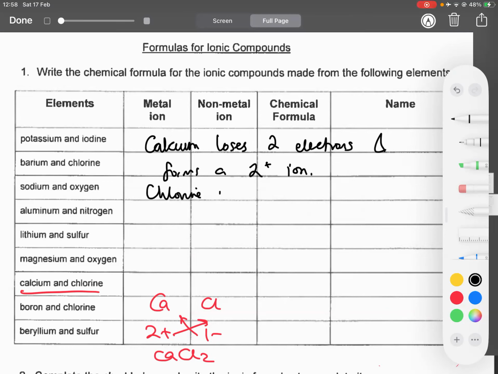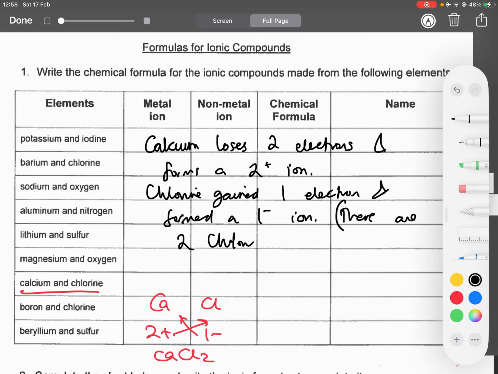Chlorine gained 1 electron and formed a 1 minus ion. There are 2 chlorines as well, by the way. Yeah. And then if it asks for the type of bond, it's an ionic lattice.